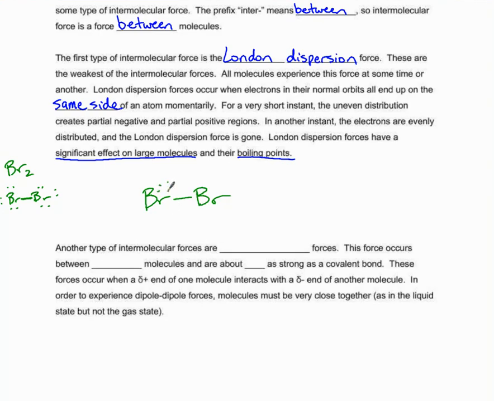I'm just going to put a bunch of dots here representing all of the electrons in their normal orbits, and I'm going to say that's 35 right there. And then this other bromine, here are all the electrons in their normal orbits. They look overall pretty well evenly distributed. They look pretty much equal, so we're going to say they're distributed very evenly.